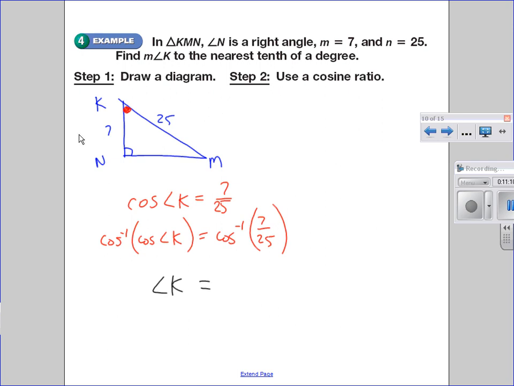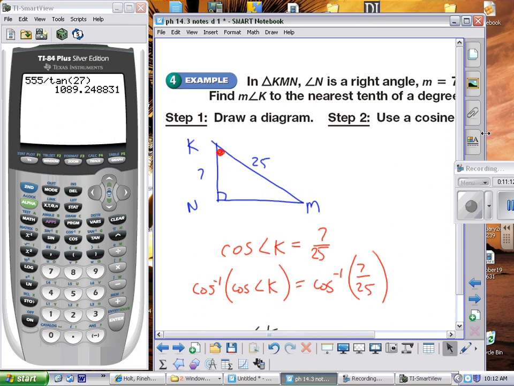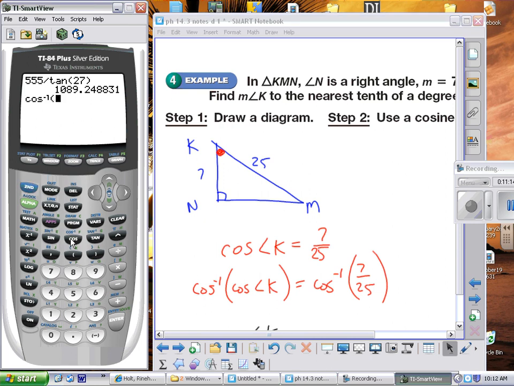So in my calculator, I'll show you how this goes. In your calculator, you go second cosine. You say, hey, Mr. Calculator, the ratio is 7 divided by 25, and what angle goes with that in a right triangle? And your calculator says angle K must be 73.7 degrees.